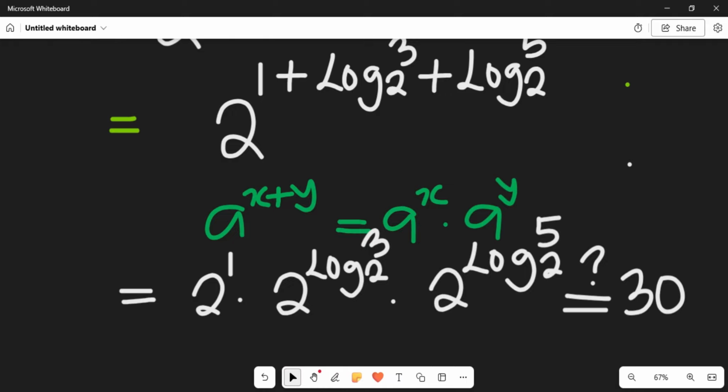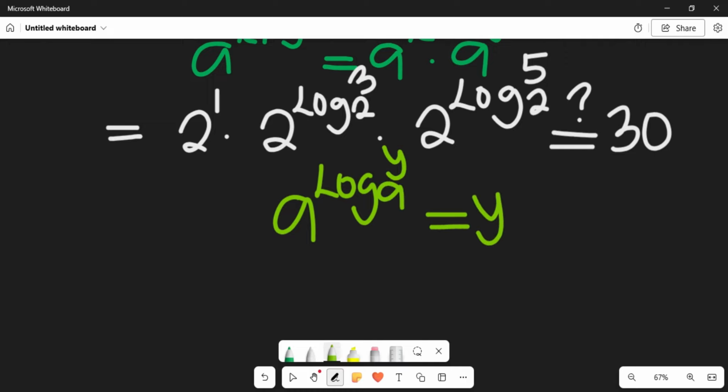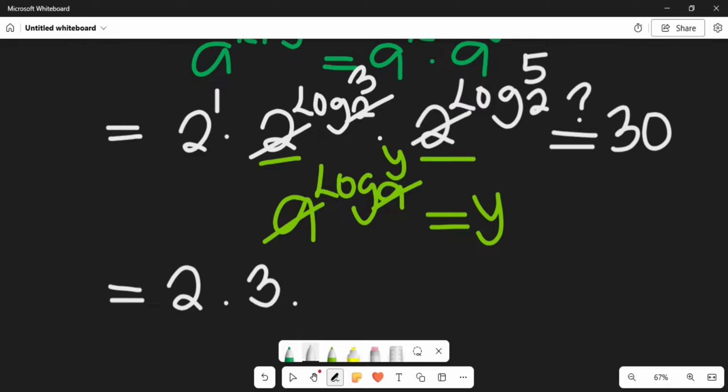That is what we are struggling to arrive at. Now, from the rule of logarithm, if we have a to the power of log of y base a, remember this can simply be equal to y because a will cancel out a. Now, when we apply it here and here, the value of this expression will be 2 to the power of 1, which is 2, multiplied by 3, since 2 cancels out 2, and then we'll have 5.